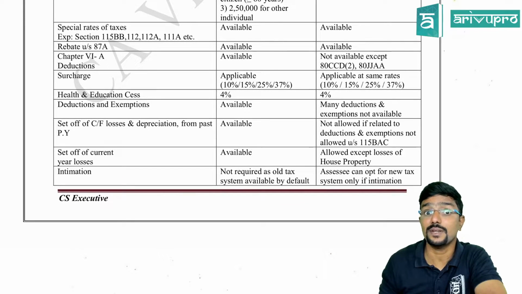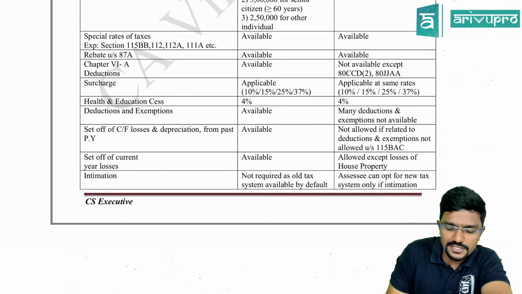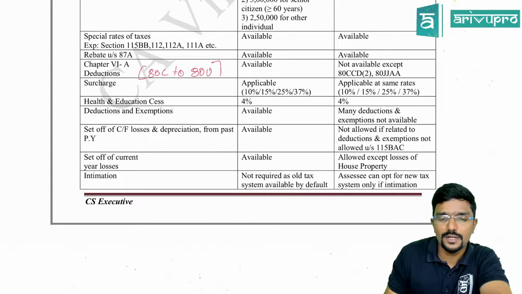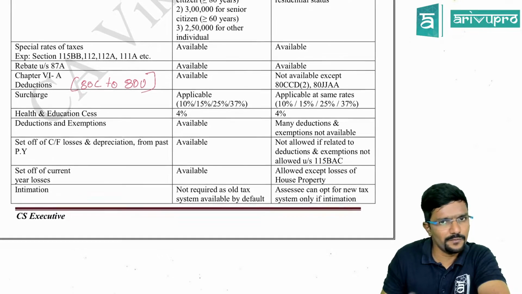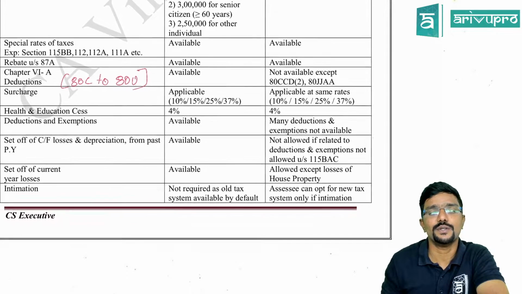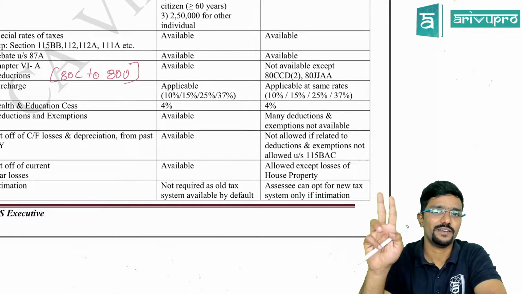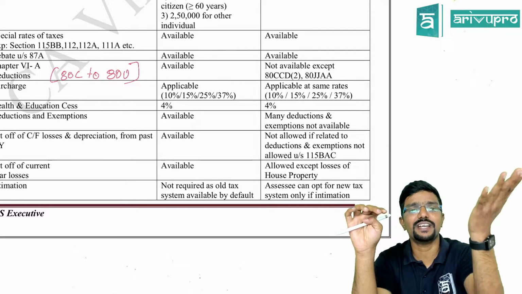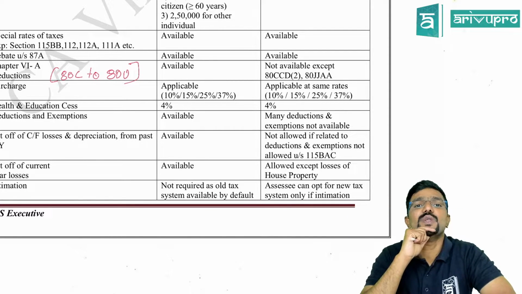Then coming to Chapter 6A deductions. Under Chapter 6A, we have various deductions starting from section 80C to 80U, guys. Under the old scheme, everything is available, whereas under the new scheme, only two deductions are available. That means the remaining deductions are not available under the new scheme.